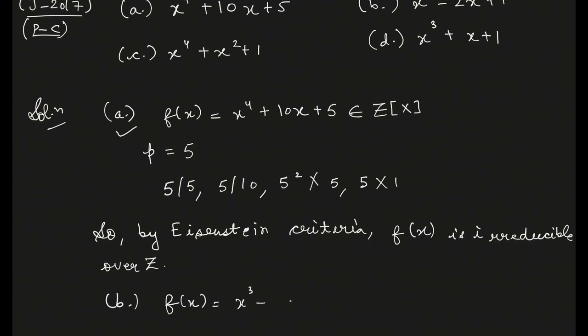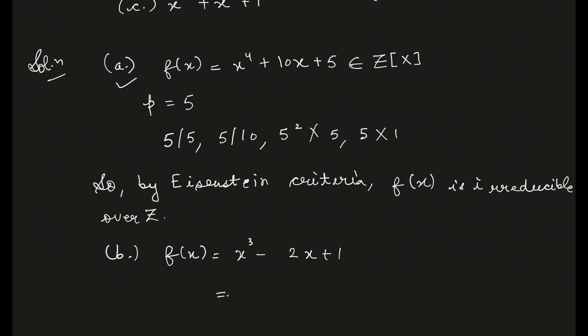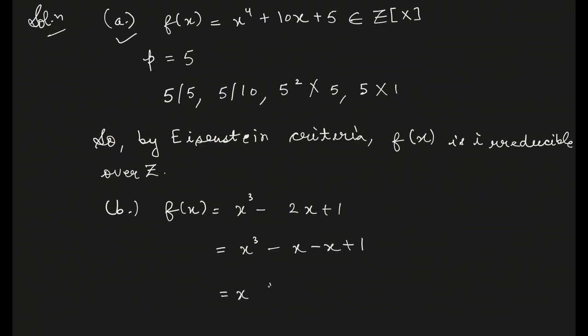Option B, x cube minus 2x plus 1. How have you done this? I found the zero of the polynomial, and putting x as 1 gives zero, so x minus 1 is a factor, therefore it is reducible. x cube minus 2x plus 1: I can take x common, x square minus 1, then minus (x minus 1), with x minus 1 common.